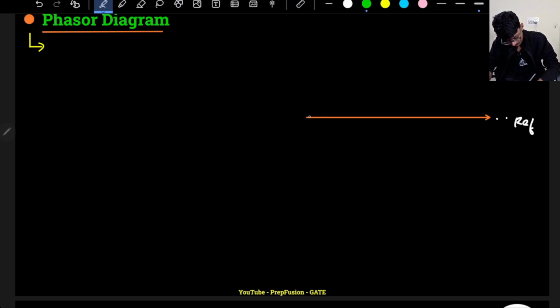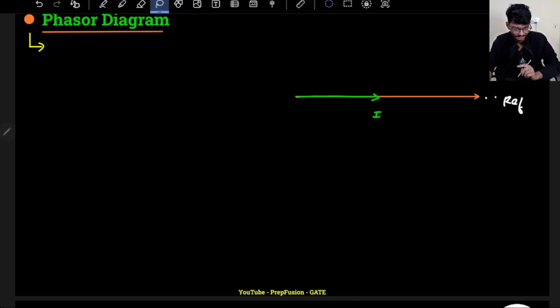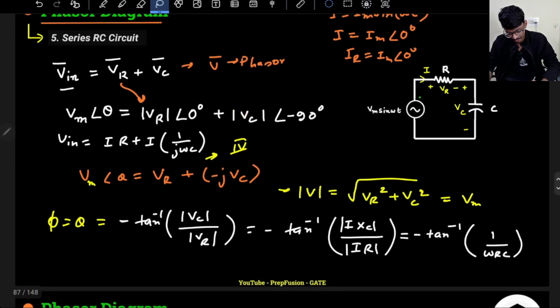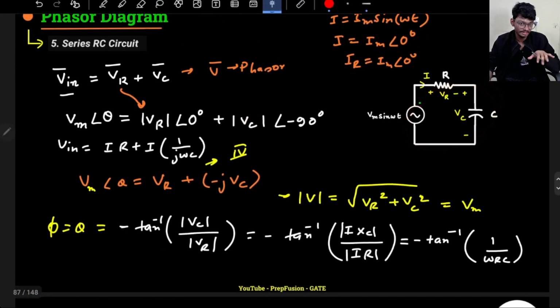This is my current, and my drop, that is VC, will lag the current, because current is the same across the capacitor, and I know capacitor current leads the voltage, so capacitor voltage will lag the current.